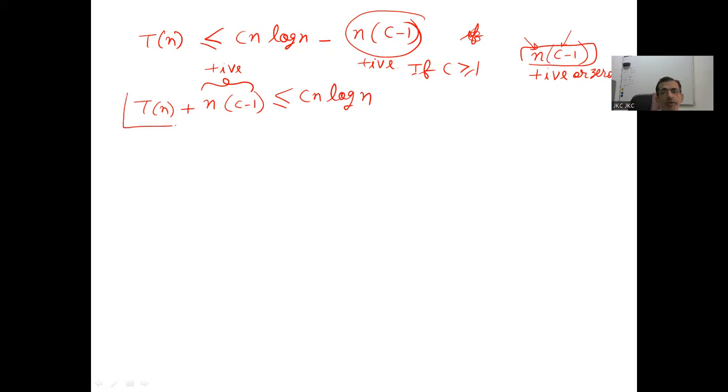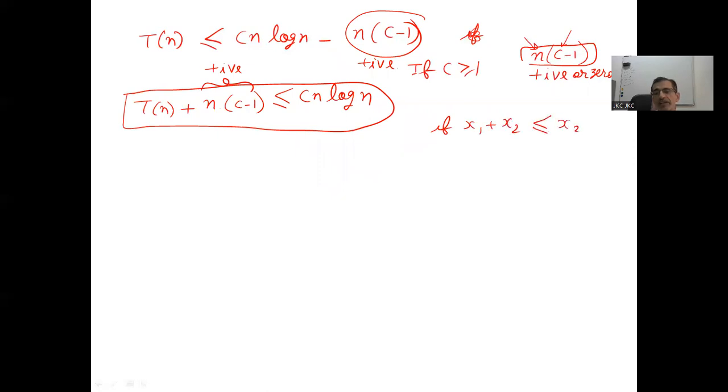Now, in general, if x1 plus x2 is less than or equal to x3, and x2 is a positive value, I can guaranteedly imply that x1 is also less than or equal to x3. This side was already lesser, and removing a positive value will make it even lesser, so the lesser relation will continue.